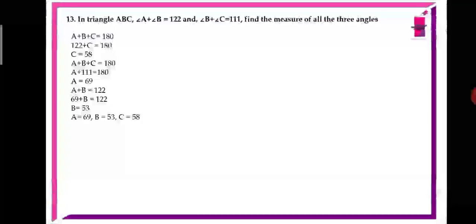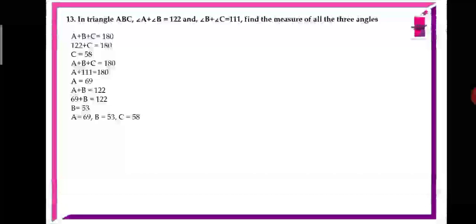13th question. In triangle ABC, it is given angle A plus angle B equals 122 and angle B plus angle C equals 111. Find the measure of all three angles. First of all, based on the angle sum property of triangles, A plus B plus C equals 180. It is given that A plus B is 122, so we substitute 122, then the C value will be 180 minus 122, which equals 58.